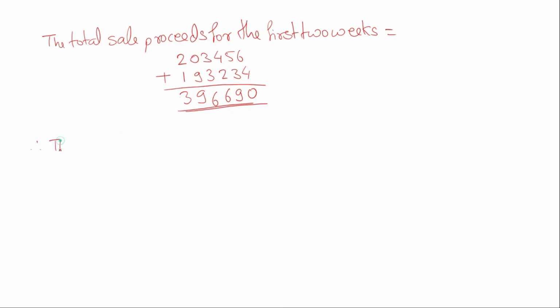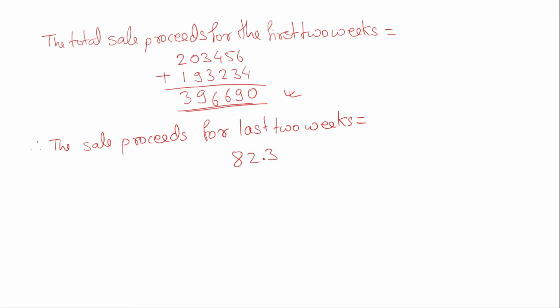Therefore the sale proceeds for the last 2 weeks is equal to, we have to subtract this one, 396,690, from 8,23,506.